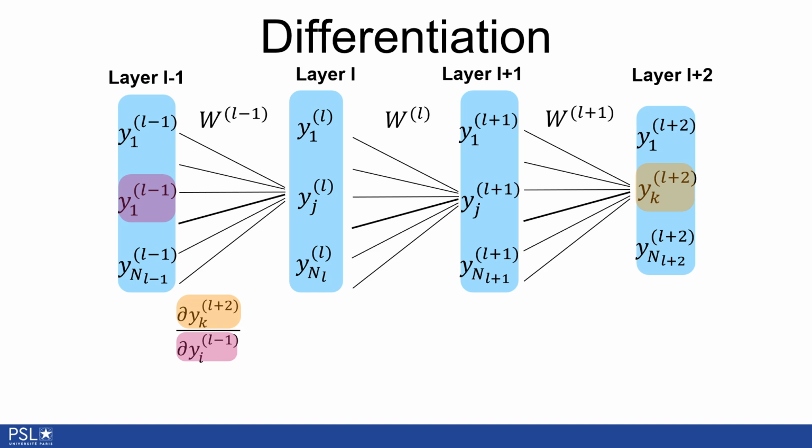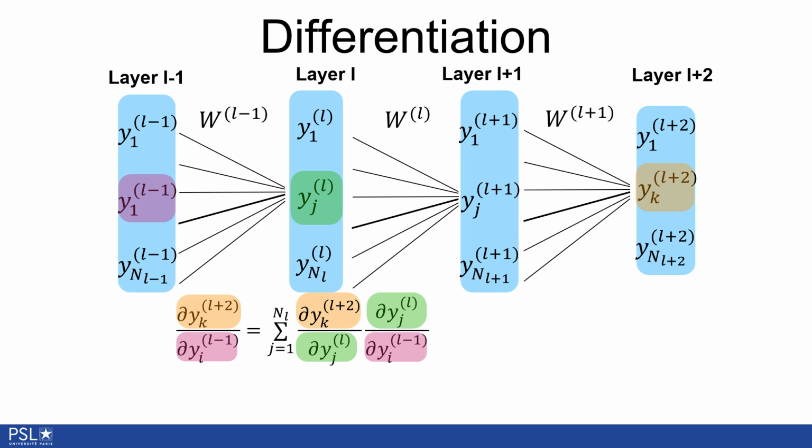Because YKL+2 is related to YJL-1 through a sequence of operations through intermediate layers, this differential can be expressed using the chain rule. And the chain rule can in particular be applied with respect to the activity in layer L.